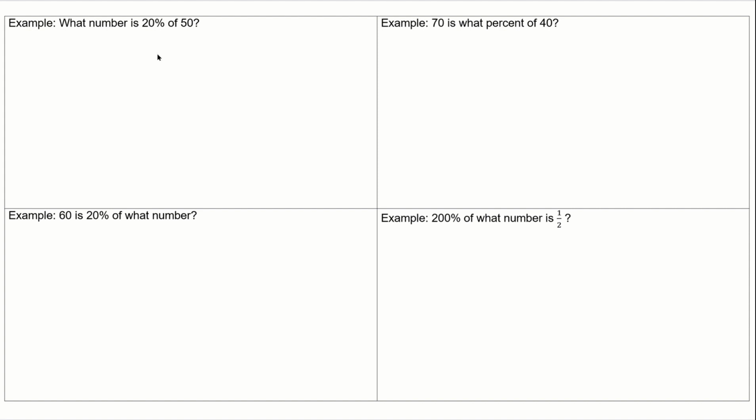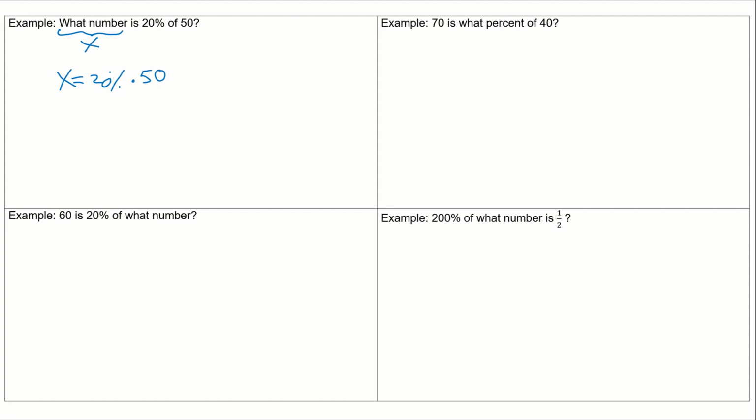So we have what number, so we can think of that as the unknown, right? We'll call that X. Is, we know in mathematics, translates into equals 20% of 50. So we have this simple equation: X is 20% of, which is times 50.